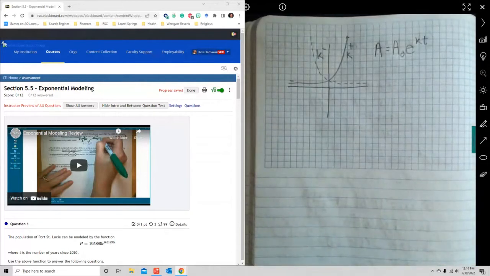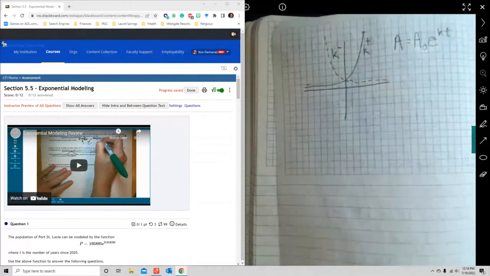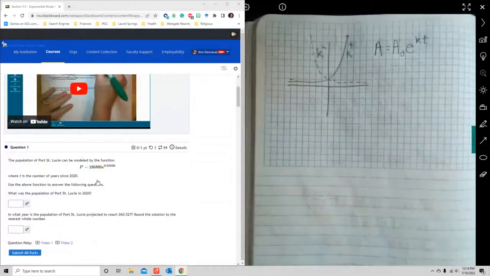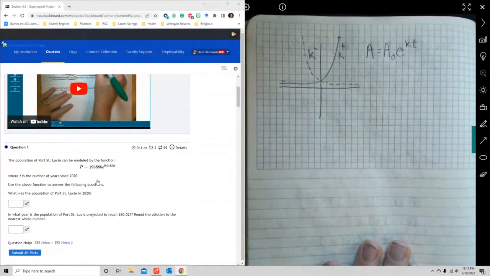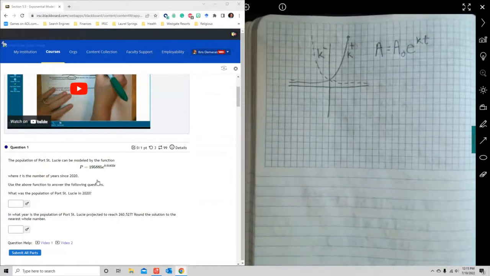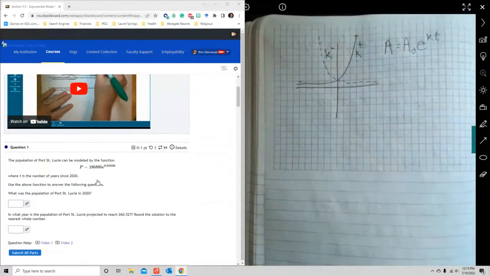Now, right now, with these first couple questions, this one particularly, we are only asking the student to understand these parts and then understand how to run this equation. They say that P represents the population.